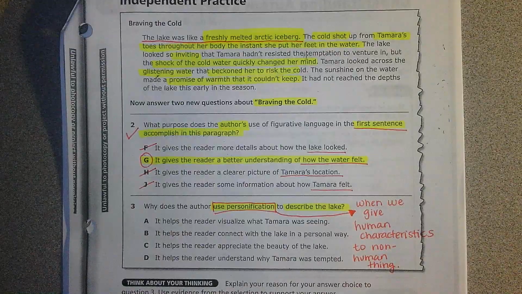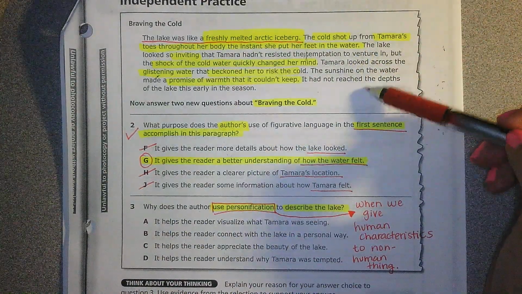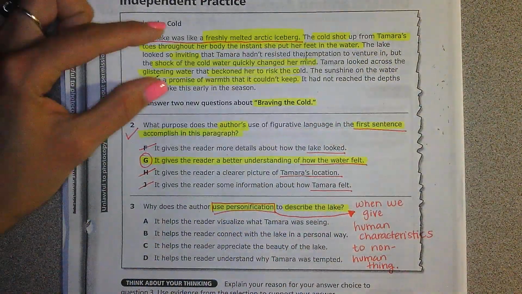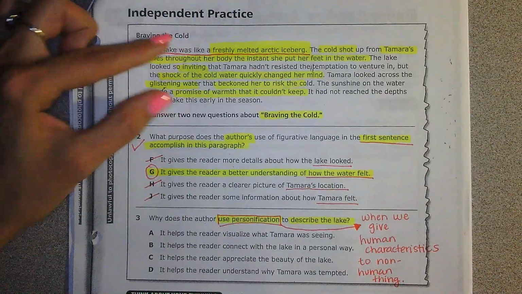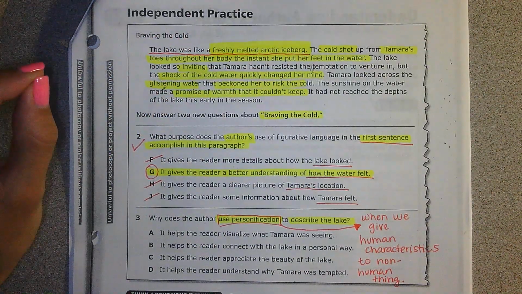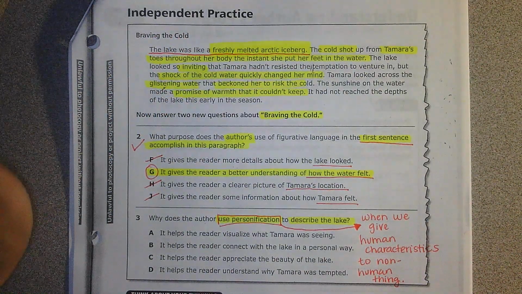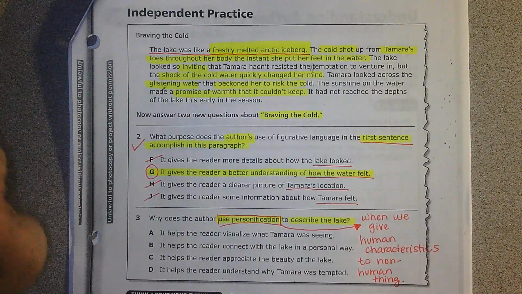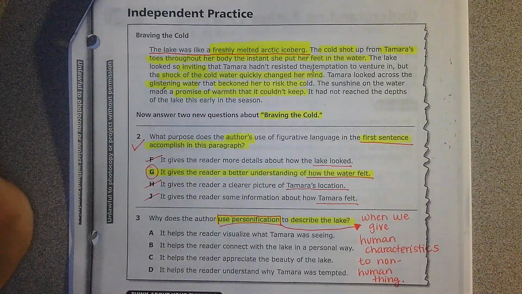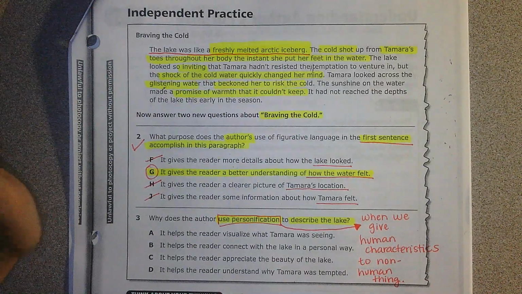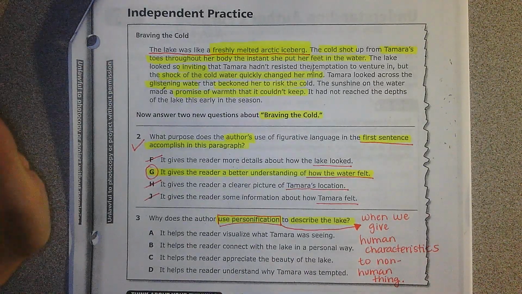One more time. Here's a question. I want you to look at this right here, right? This paragraph. And I want you to underline where the author gave human characteristics to the lake. I'm not going to tell you the answer. I want you to actually underline it.